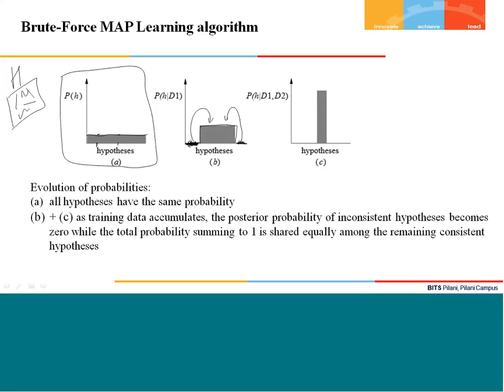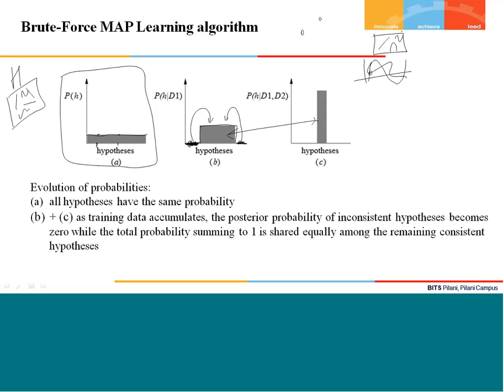The more data you see, the more these two graphs differ. For example, let's say this was a true function, and this is the data that you got. You have some hypothesis space, and let's say that hypothesis space has a line, some quadratic function, and some cubic function.